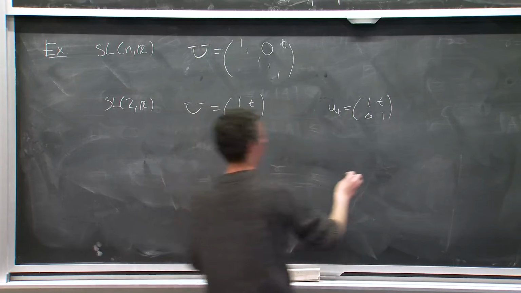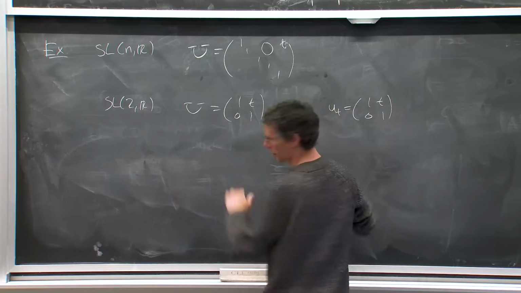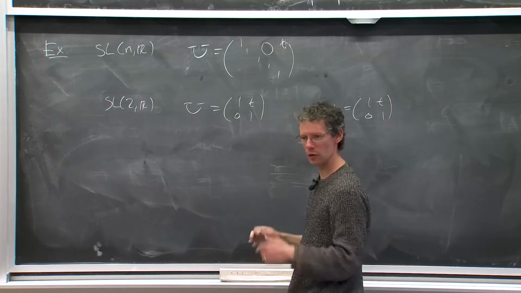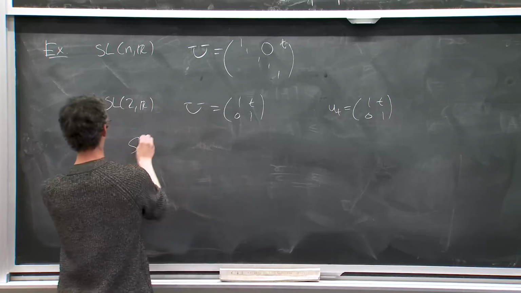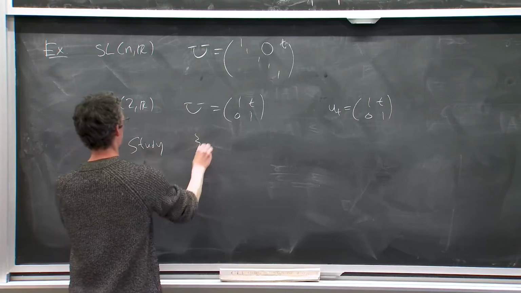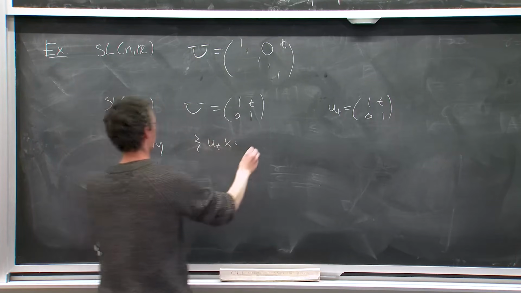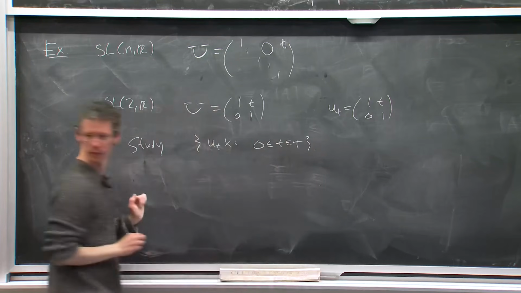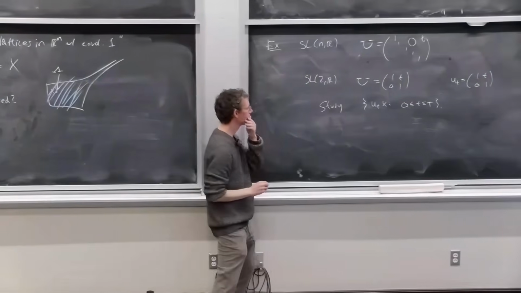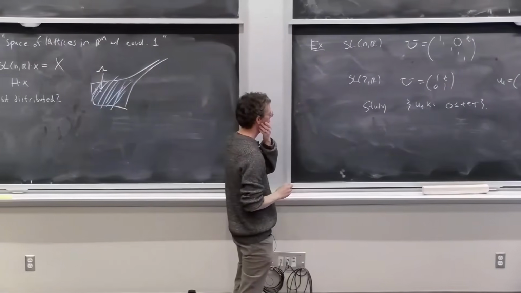And so I'm in principle interested in the infinite orbit, but I'm sort of interested in the asymptotic behavior. So I want to study the set of u_t of x, where t goes in some range.